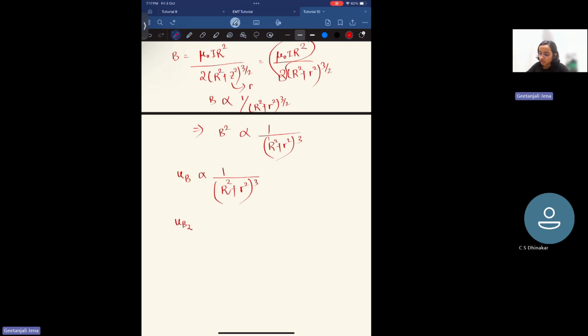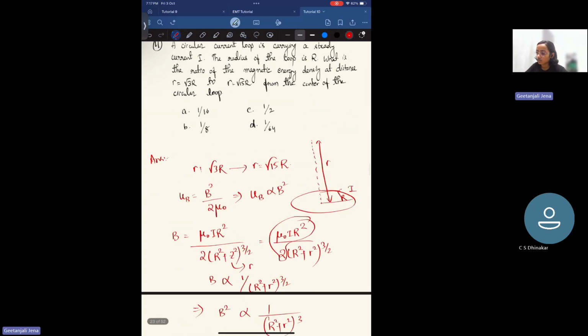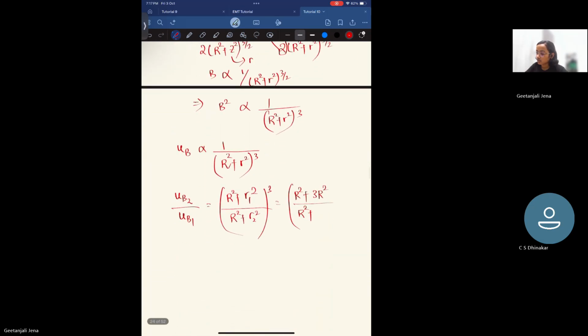So U_B2 by U_B1 is (R square plus z1 square) divided by (R square plus z2 square), whole cube. z1 is root 3 R, so this is 3R square, and z2 is root 15 R, so 15R square.